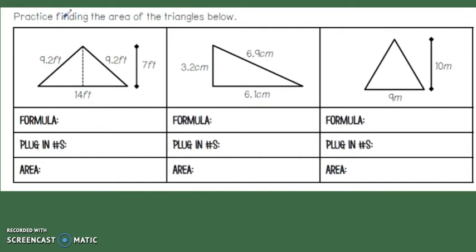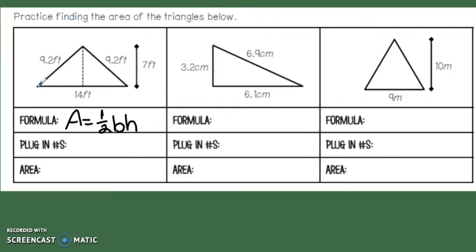In this triangle right here, we have several different parts. The 2 parts that we need for the area of a triangle, area is equal to 1/2 the base times the height. This little b, we're talking about the area, or a part of a shape. The capital B in the previous formula, we're talking about the area of the base.